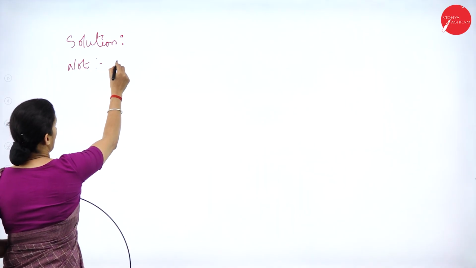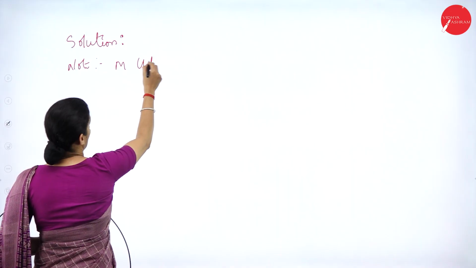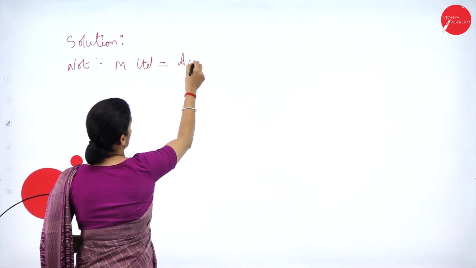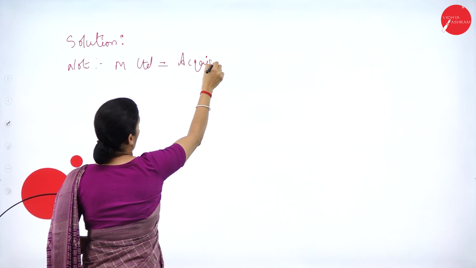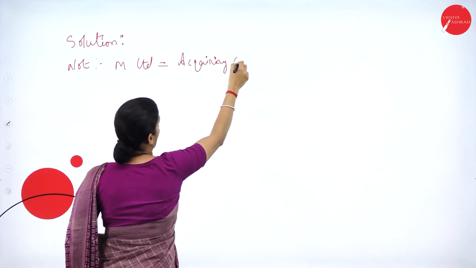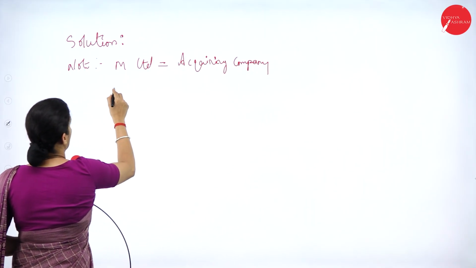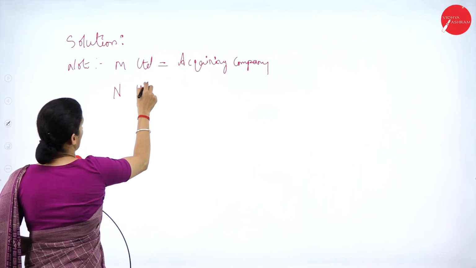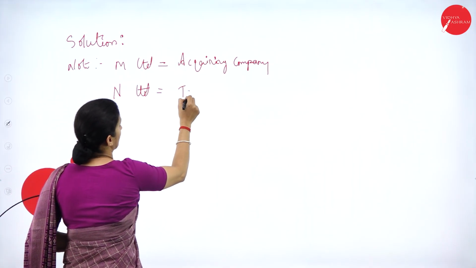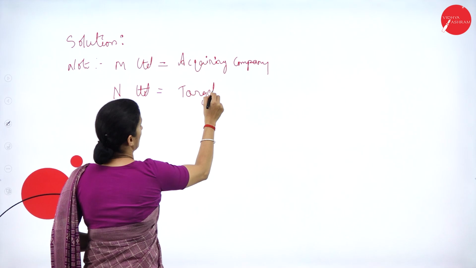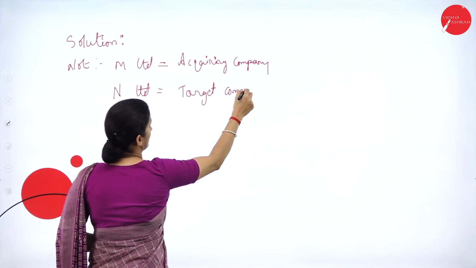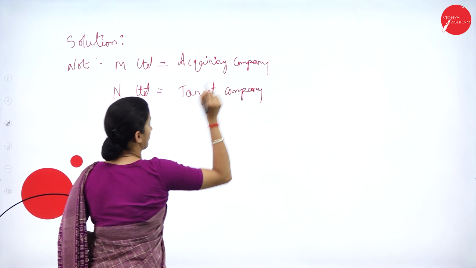So here we have M Limited, which is the acquiring company, and then N Limited, which is the target company.